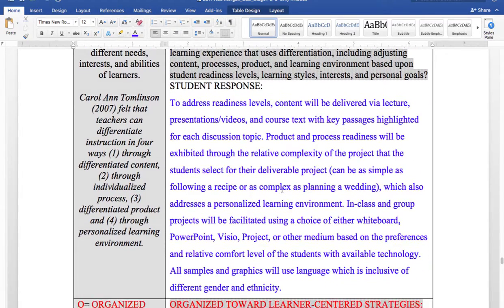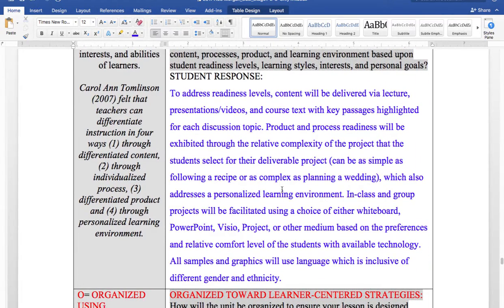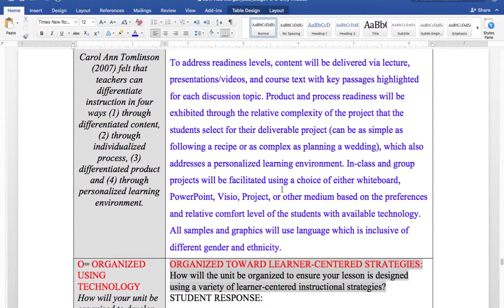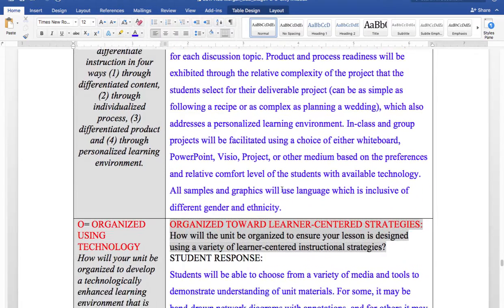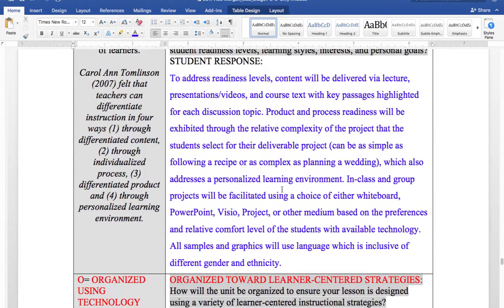So it's important to understand how we can differentiate learning and not change the goals. And I've given some examples here of how that can be done.